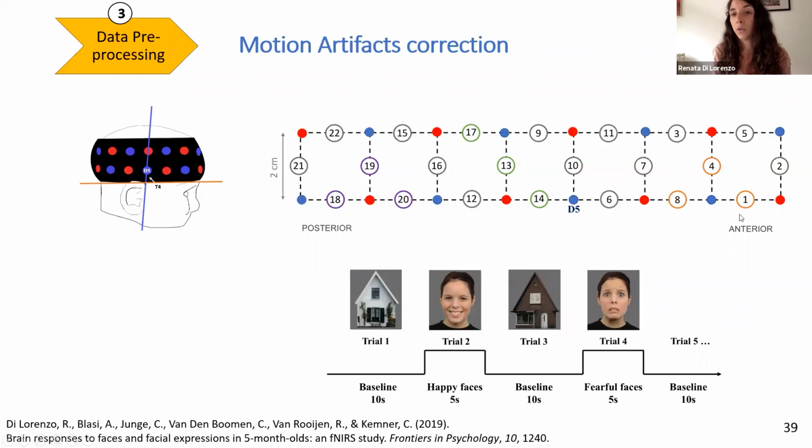So my 3 sets of optodes where I was interested to see whether my hemodynamic activity would pop up or be activated by my task. The task was a block design, and I had 10 seconds of baseline followed by 5 seconds of experimental trials. I wanted to see whether infants at this age were able to discriminate between faces and non-faces and between different emotions.